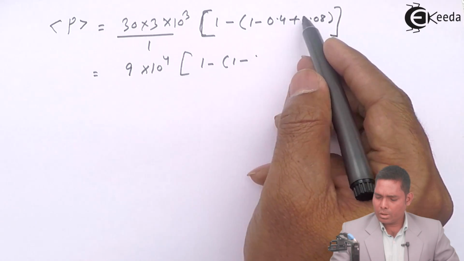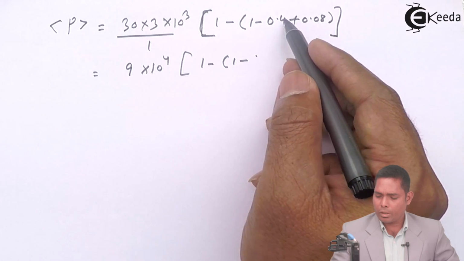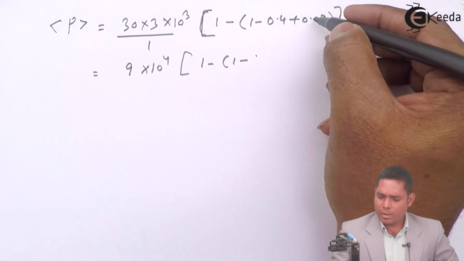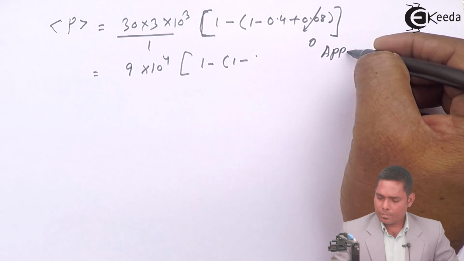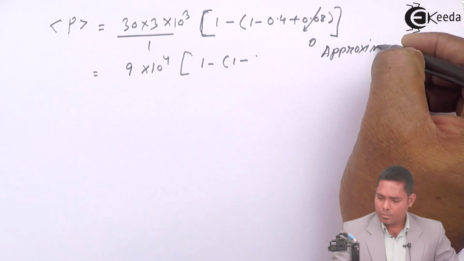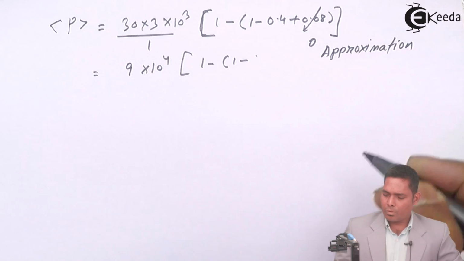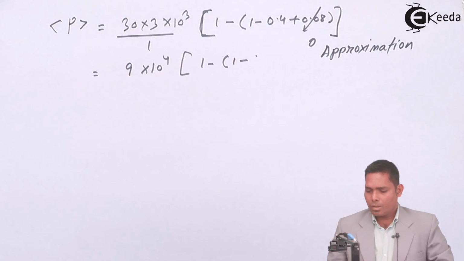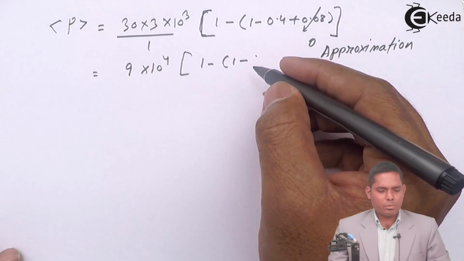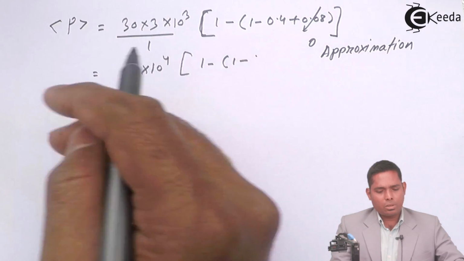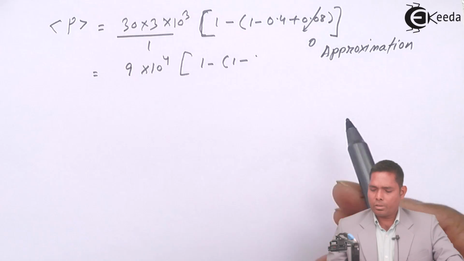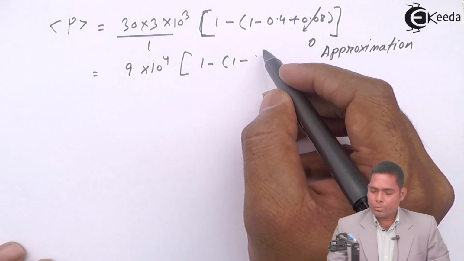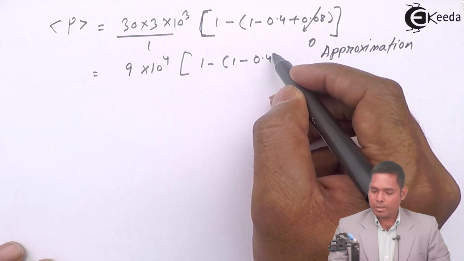If I neglect this for approximation, because I don't want the exact answer as far as the options are concerned, I will have some nearby values, so I don't need this value. To save time, you should always practice this in your exam.